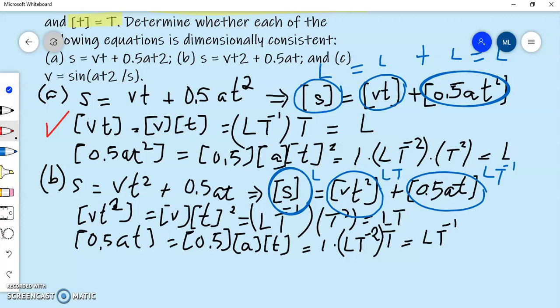So as you can see, this term right here and this term right here do not have the same dimensions. So you cannot add apples and oranges. Therefore, they are not dimensionally consistent. Okay.